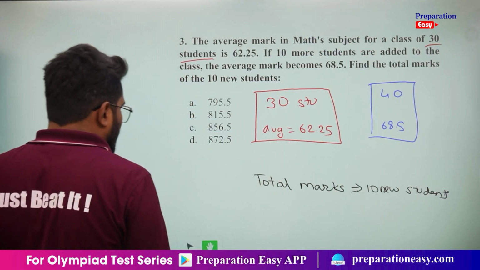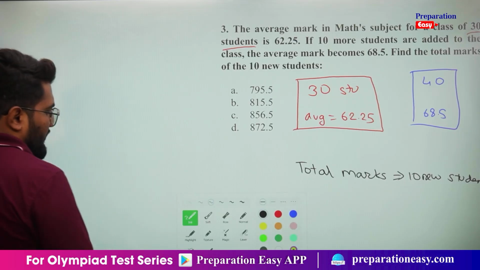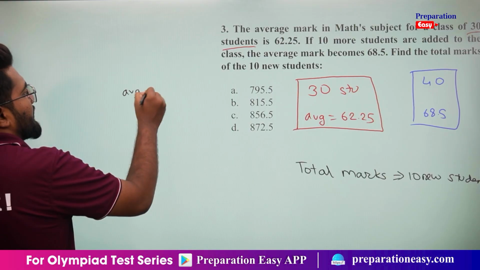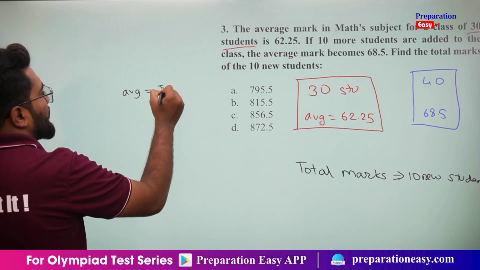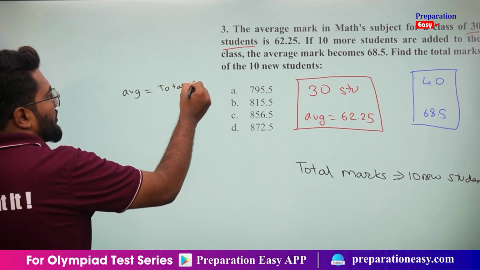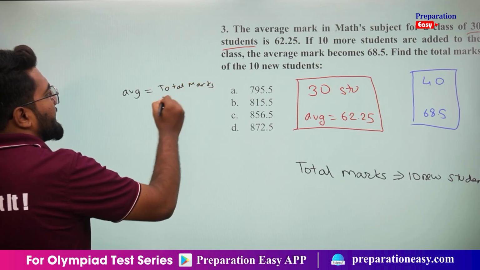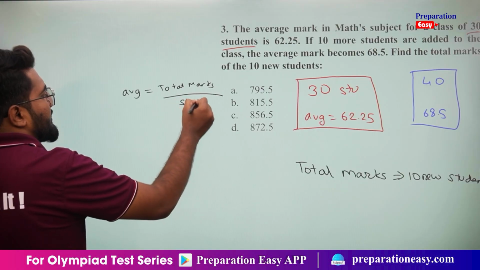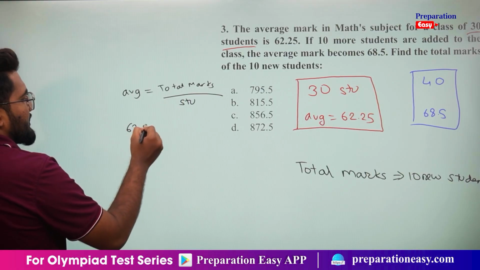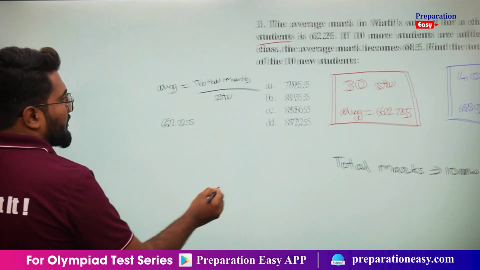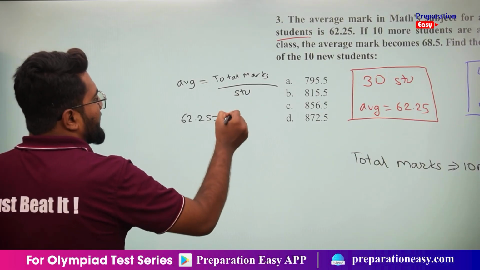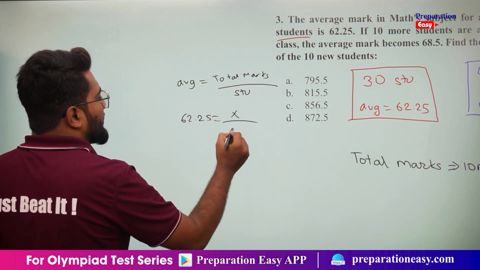Okay, so let's start calculations. First one, 30 students. Average equals total marks divided by number of students. Average is 62.25. Total marks we don't know, so we will consider it as X, and total students are 30.